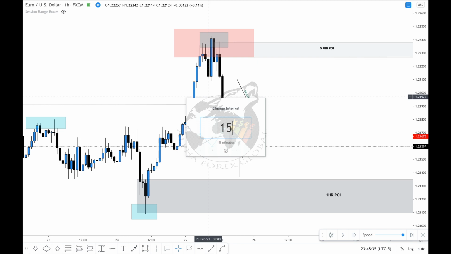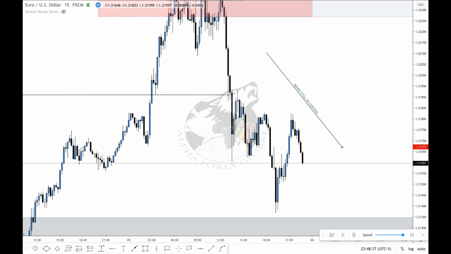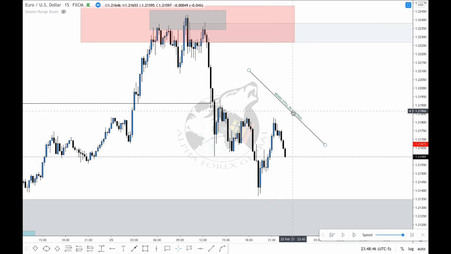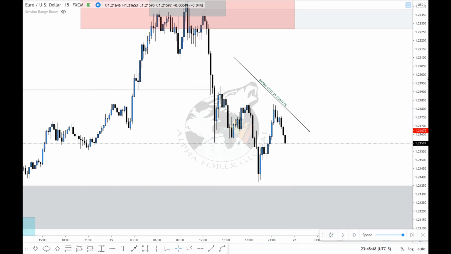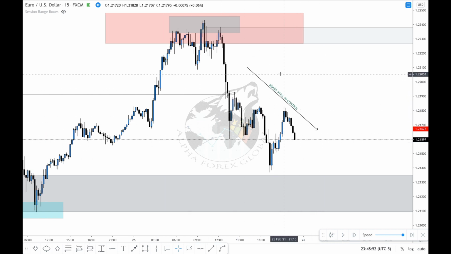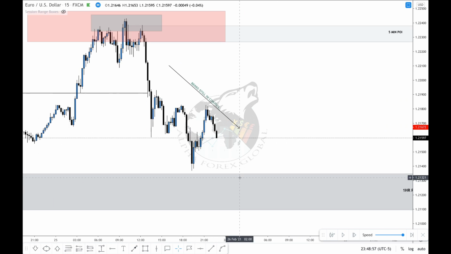On the 50-minute time frame, we are creating lower highs and lower lows, which means this is in a downtrend. So the only time I am going to shift to the upside or start looking for buys on this 1 hour time frame is when the 50-minute time frame breaks structure, right?